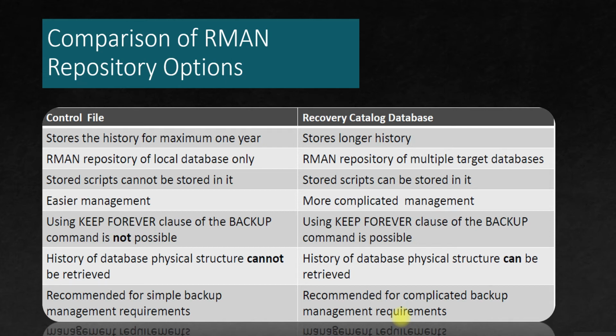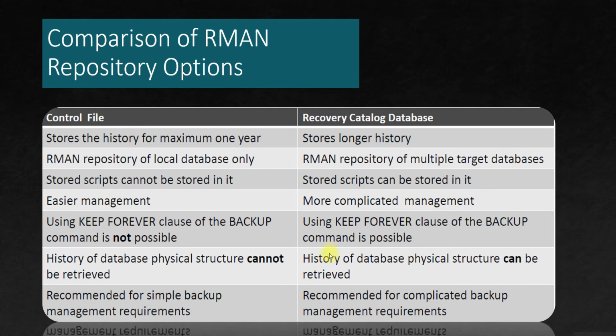So let's say if you have multiple production databases at your workplace, then you can add your databases to the recovery catalog, and then make sure that the control files of those databases get synchronized into the recovery catalog, as long as you want to.